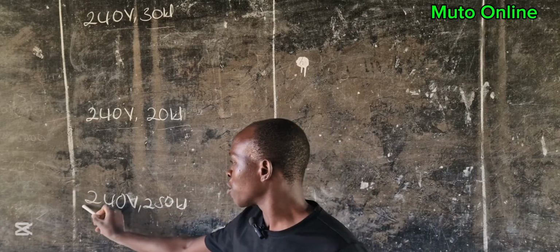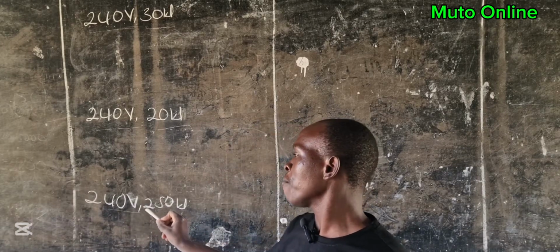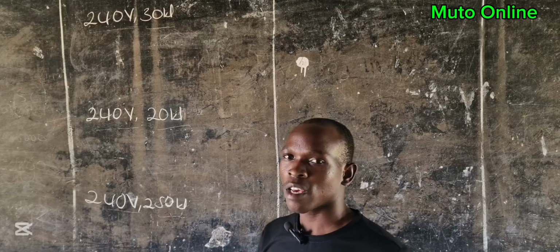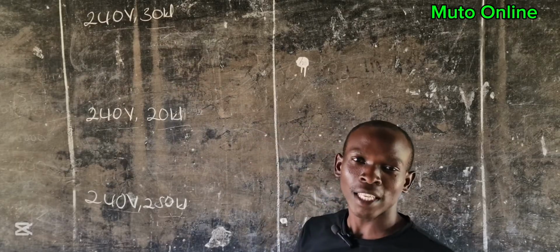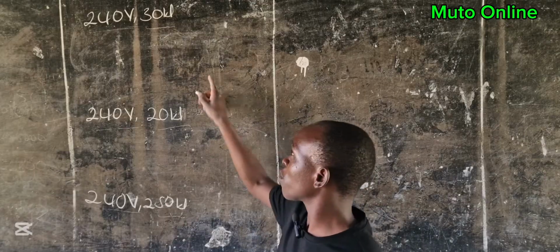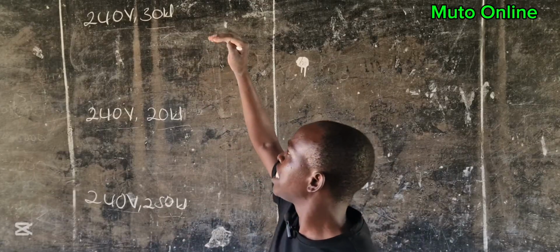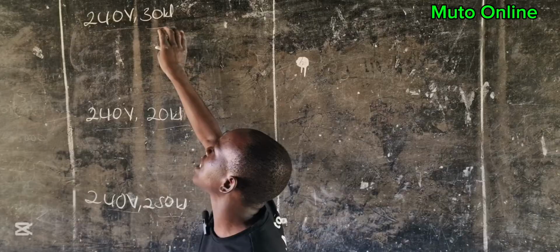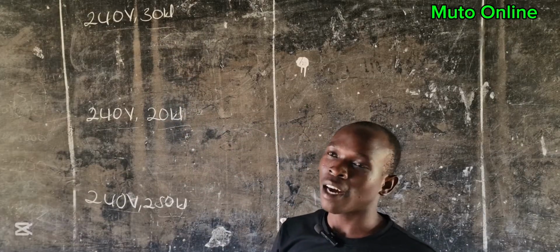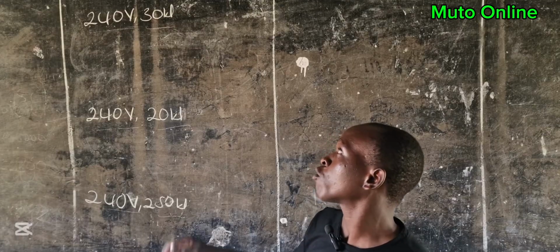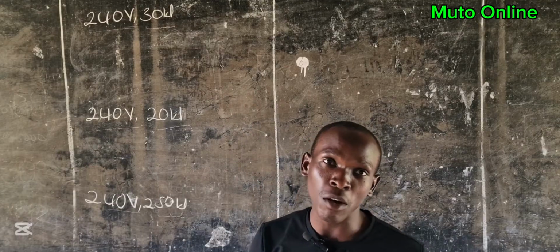Then another parent comes with 240 V, then 250 watts. They didn't know the meaning of these things. As a physics learner, you need now to tell the parents what these ratings mean. What do they stand for? Such that you help them to get to know what they are seeing on their bulbs.